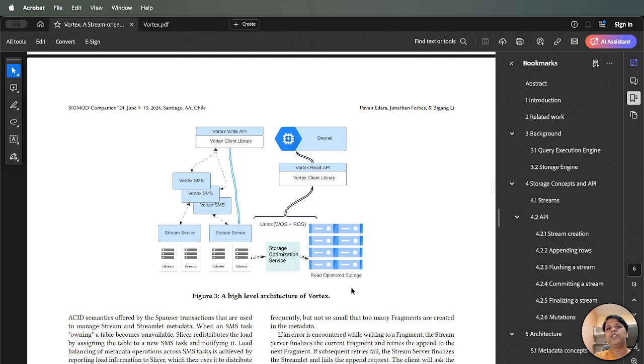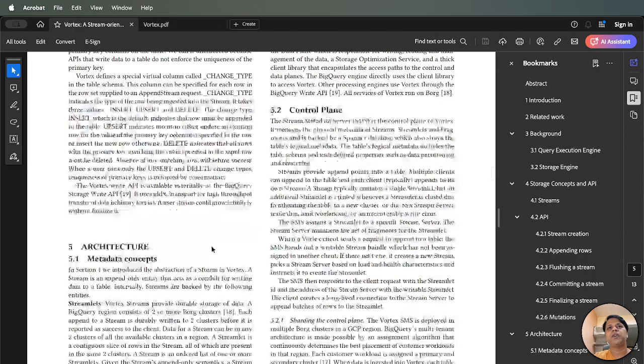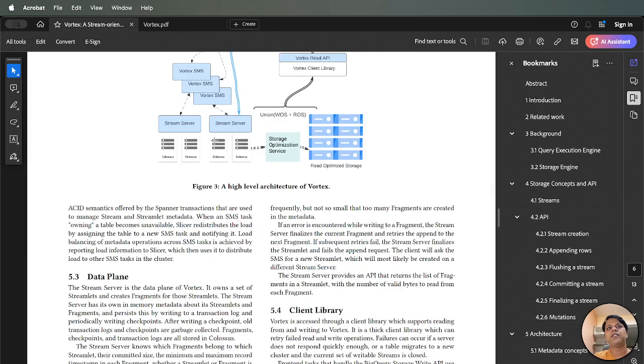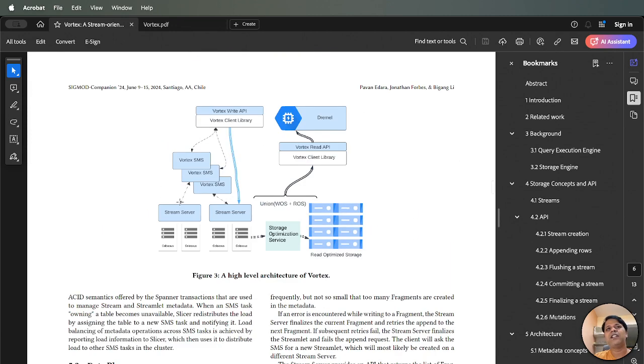The stream metadata server and the stream server are the two things that handle the writing into an intermediate write optimized storage, so that the writing is faster.